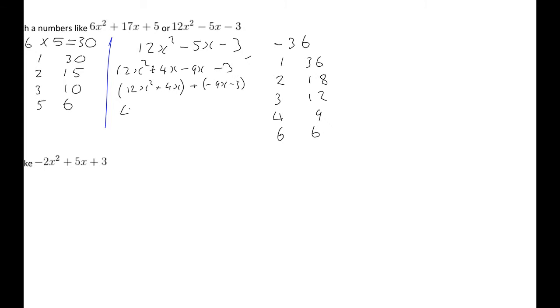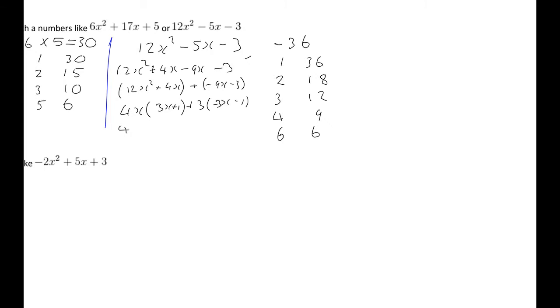Okay, look at the first one. 4x goes into it, so we get 3x plus 1. The second one, 3 goes into it. Okay, 3 minus x minus 3x minus 1. Now, this and this don't look the same, and that's because we can take a minus 1 out of here, put it in front.